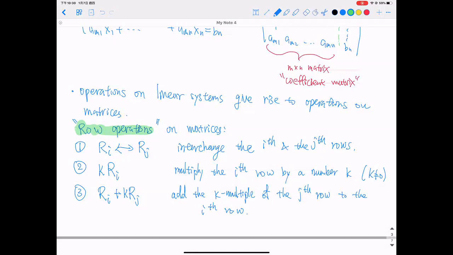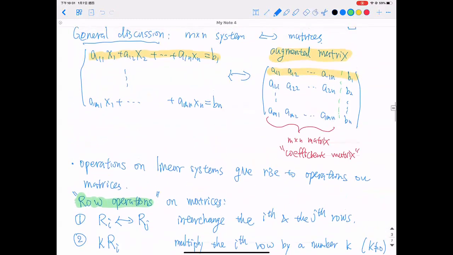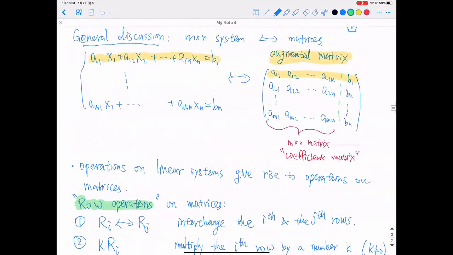These are the row operations on matrices that came from operations on linear systems. And as you can see, the correspondence between linear systems and matrices makes it simpler to denote the linear system by its augmented matrix.